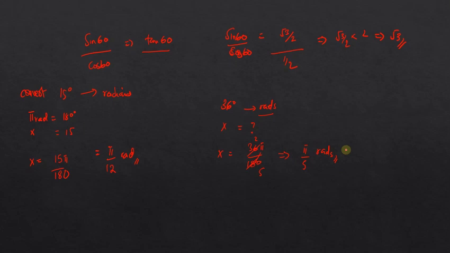Yeah, pi over 5 radians. Okay, so these are some of the questions that I want us to talk about. In our next video, we will go to trigonometry part 2, where we'll be talking about compound and multiple angles. Okay.